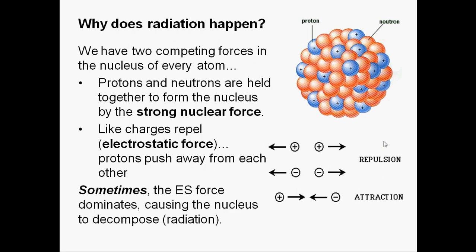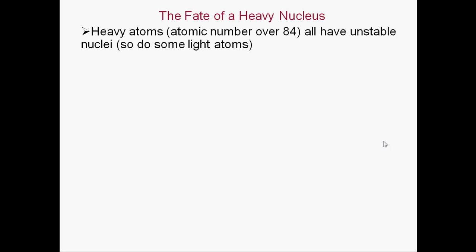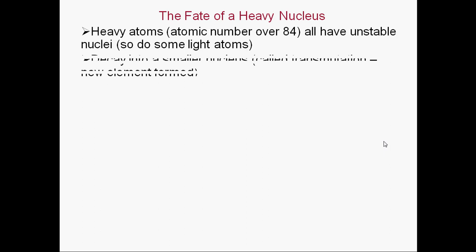But every now and then, something will happen that will cause that electrostatic repulsion to win out over the strong nuclear force, and that causes our nucleus to break apart, which is called radiation. It turns out that this process is very common with heavy atoms, anything that has an atomic number over 84. And then there are some lighter isotopes of other atoms that are similarly unstable, where we don't have a really good balance between that electrostatic force and that strong nuclear force.